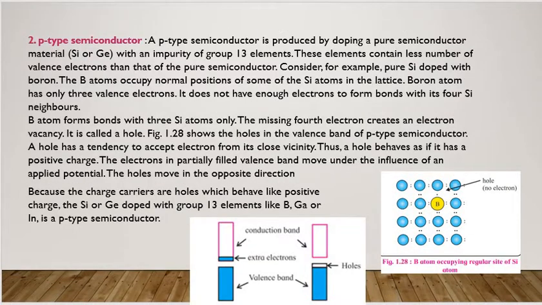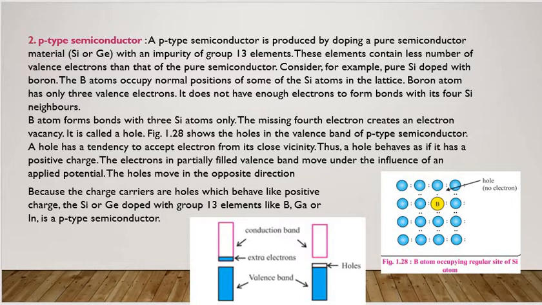Now, P-type semiconductor. P-type semiconductor is produced by doping a pure semiconductor material like silicon or germanium with an impurity from group 13. These elements contain fewer valence electrons than the pure semiconductor. Consider the example of boron.